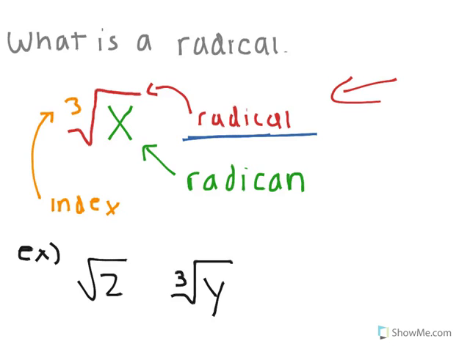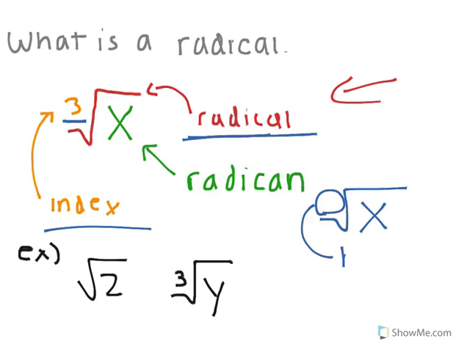And the number on the outside of this is called the index. And if there's no number there, the index is 2.